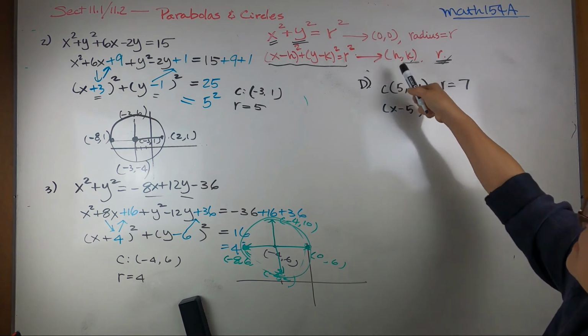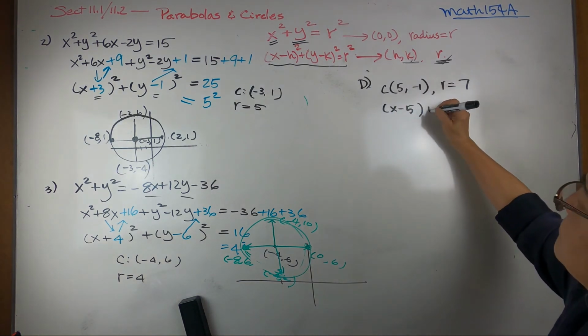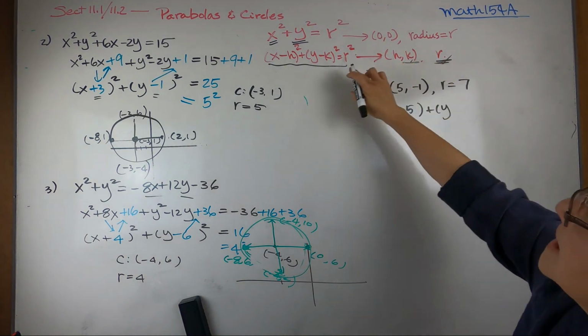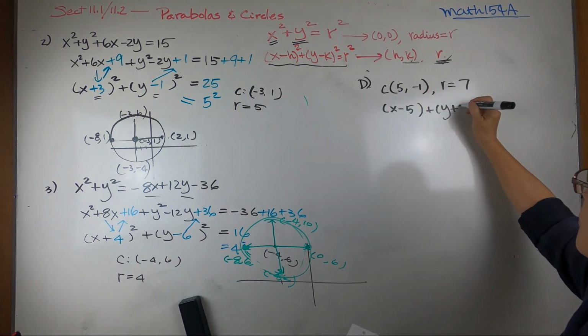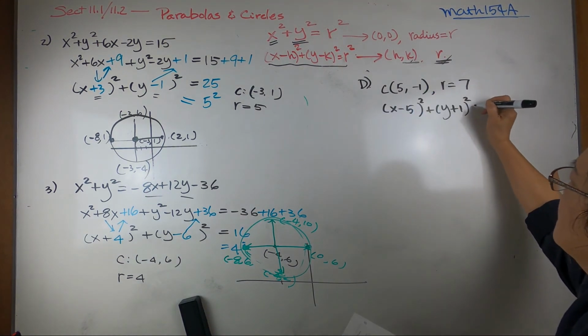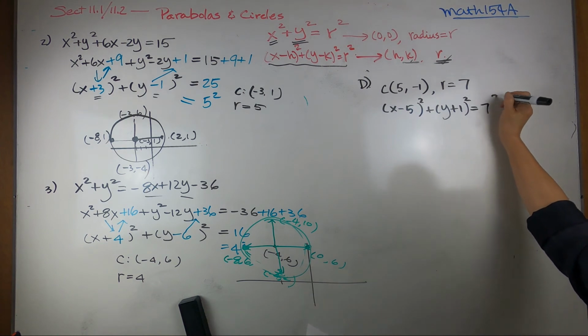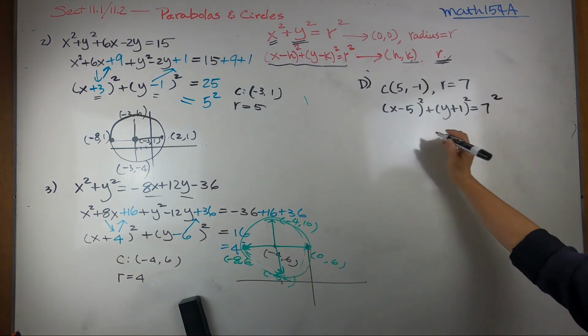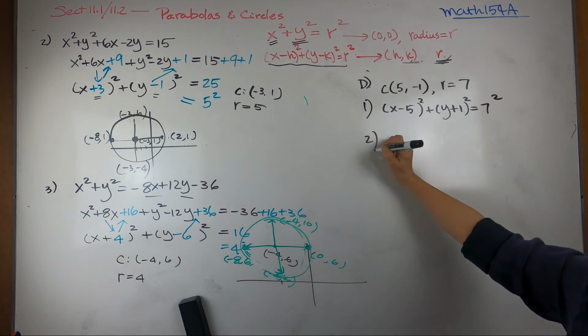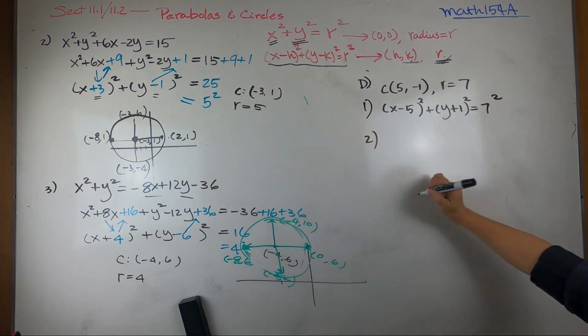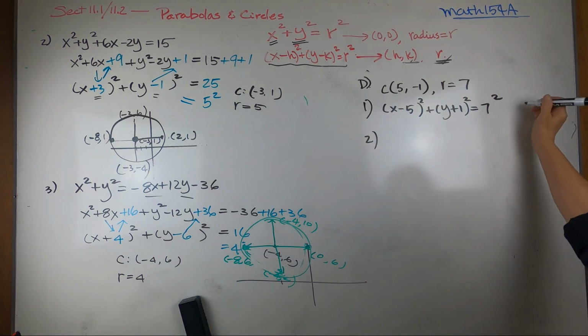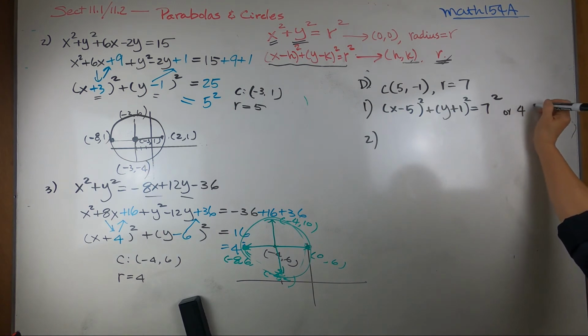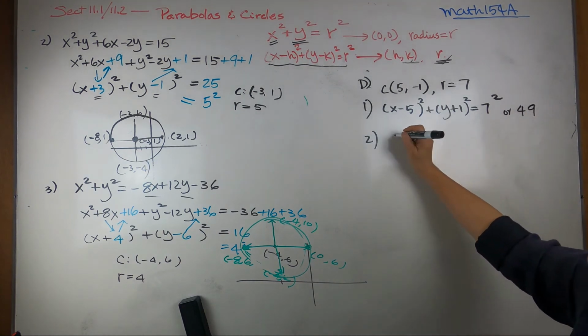So your h and k, right? Plus what? k is negative 1, minus negative 1 becomes 1. Then you take a square, then you take a what? 7 squared. That's all you need to do to write the equation. So you might write 7 squared, or you can use 49. Either way would be fine.